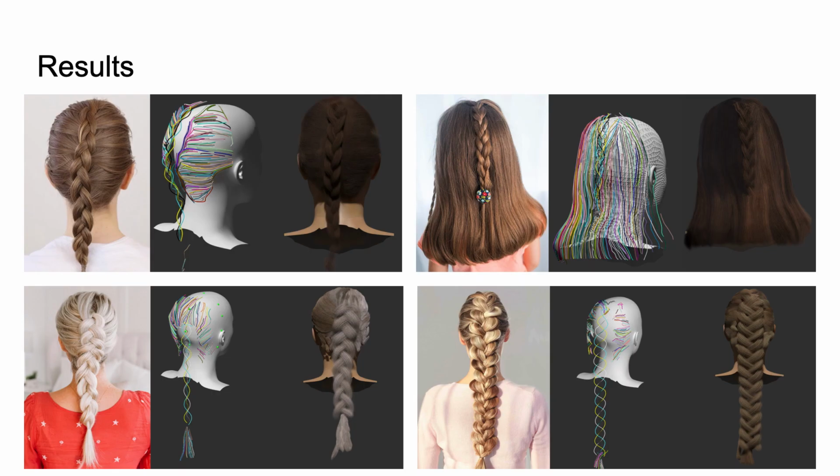Here we show the reconstruction results of braided hairstyles. The input braid hair images are different in hair strand length, hair color, braid styles, and number of braids. Our results showcase how the procedural modeling is faithful to the shape of the hairstyles and braids. In this figure, the first image in each section is the input image.